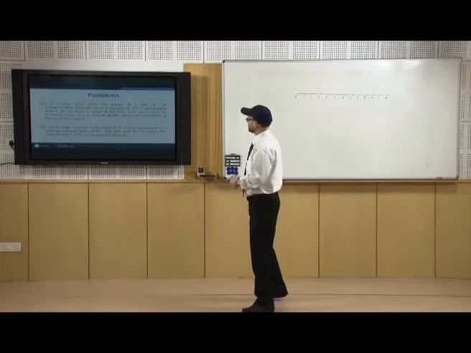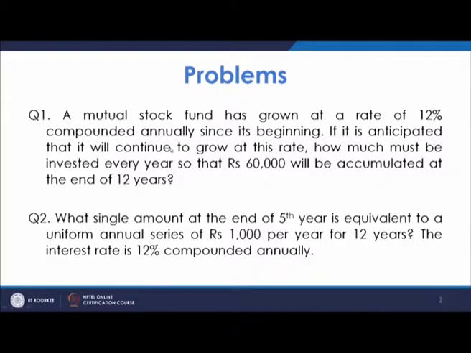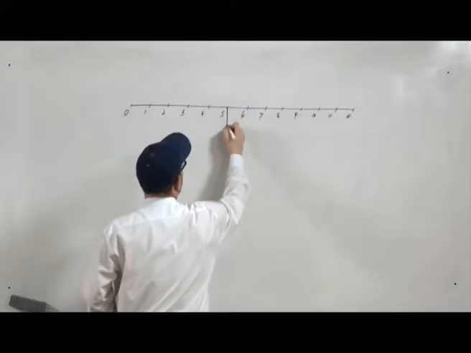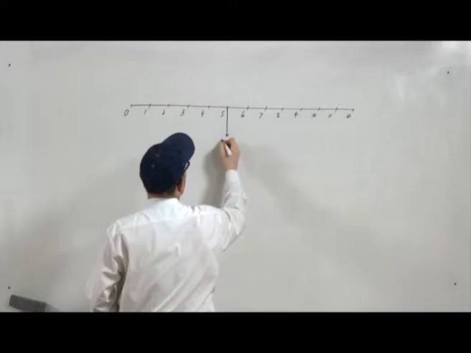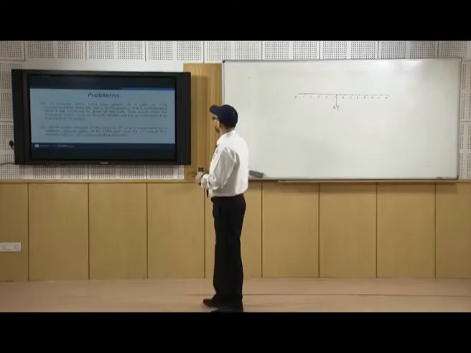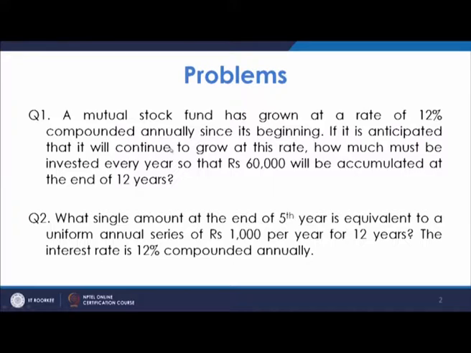Now, in this cash flow diagram you need to find the single amount at the end of 5th year. So, you want to have the amount here, which is equivalent to a uniform annual series of 1000 per year for 12 years.